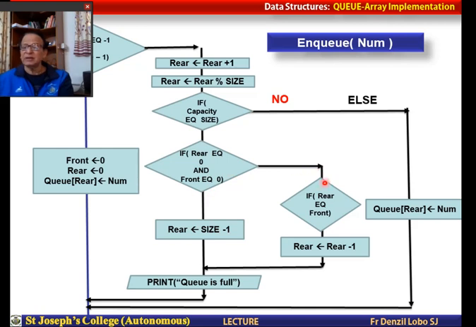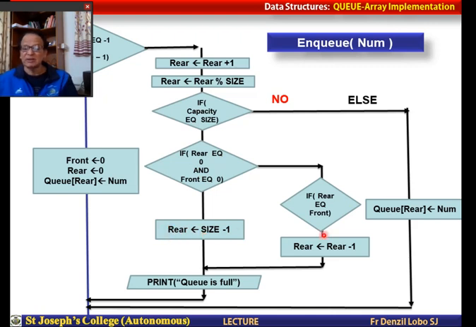Or if this is not the case, it may be both of them are equal, pointing to some other place, as I've shown you earlier. So then what? Then also you have to decrement the rear by 1. Then you give the message that it is full and you come out. So you cannot insert. This is the case when the circular queue is full. Therefore, what we do is go back to the original value of rear.